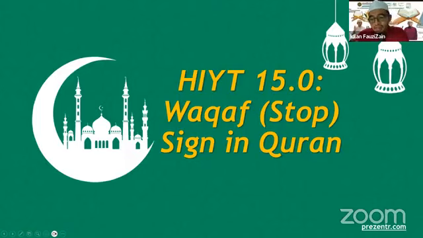There are other principles for how to stop, called wakaf and ibtida. I will not cover it in this session because it is quite long and I'm not quite a master of it. So I will just share about the wakaf sign in Quran.